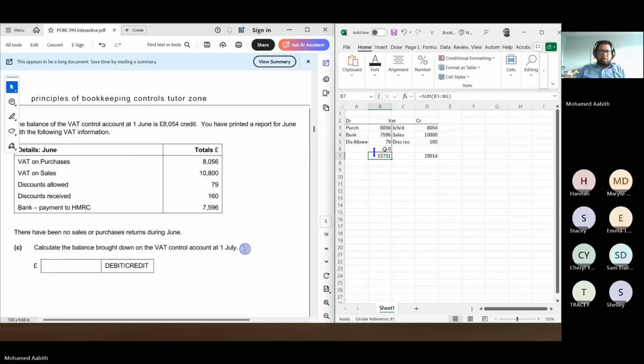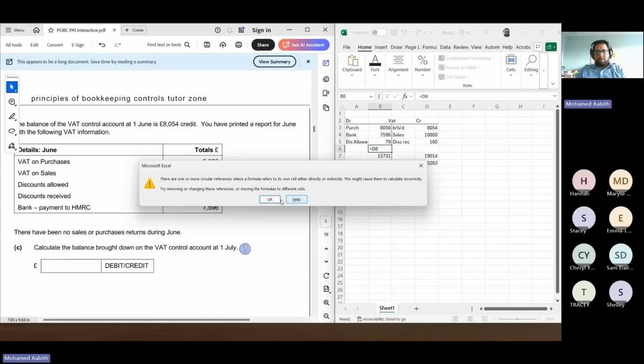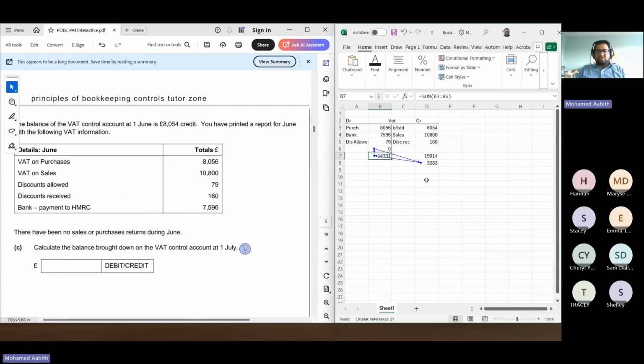The difference is going to be equal to that number, 3283. So I'm going to write 3283 here as your balance carried down.